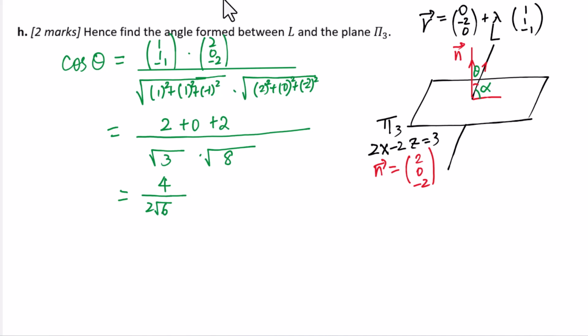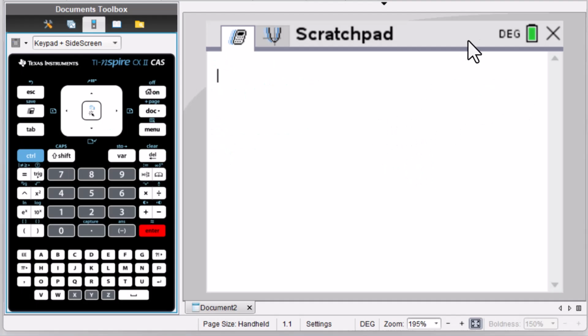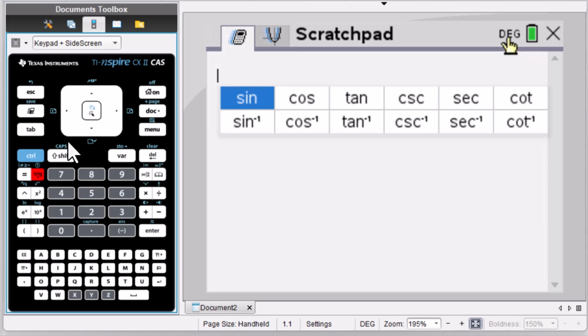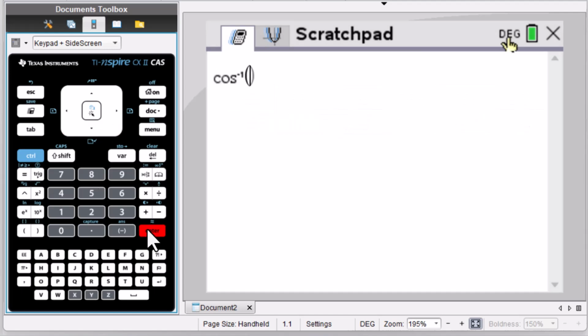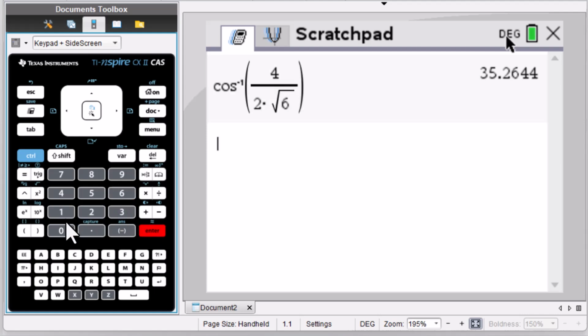Let's go to the calculator. Make sure this is in degrees. Then trig, go to inverse cosine of 4 over 2 square root of 6. Enter. Then use 90 minus this.